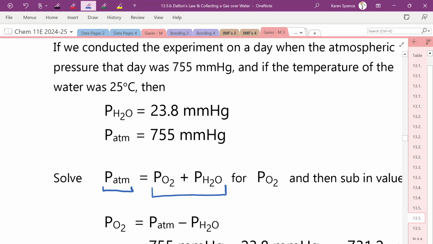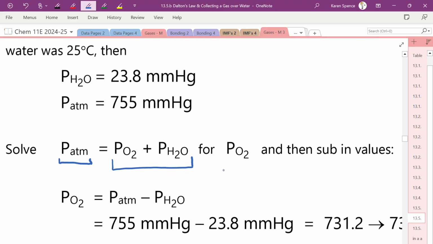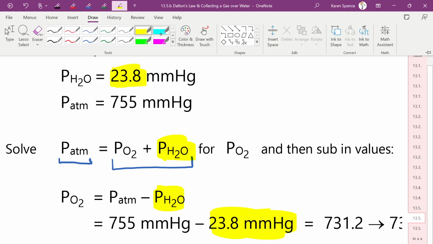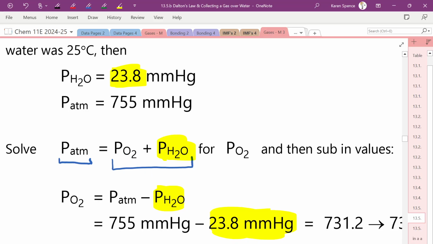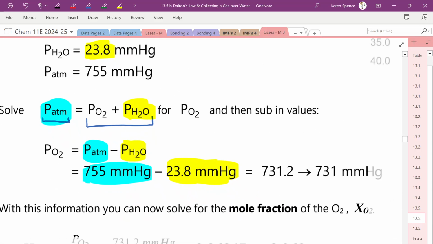We can solve it for PO2 because we know the water pressure and we know the atmospheric pressure. This is page 73. Then you just do the subtraction, and we get 731 millimeters of mercury.